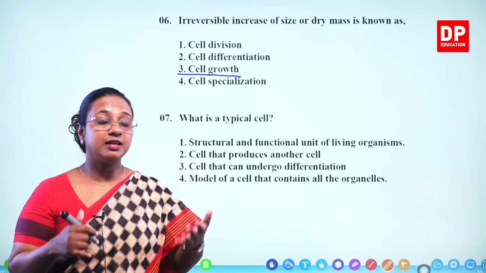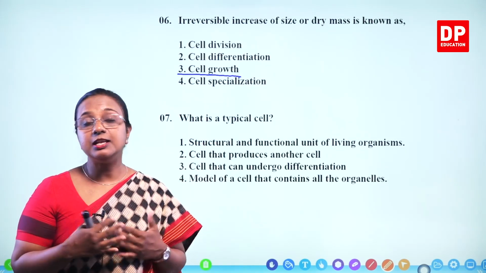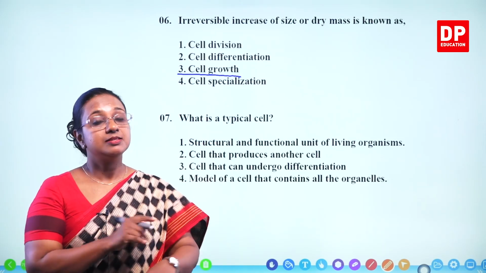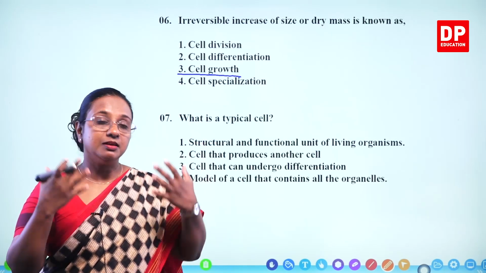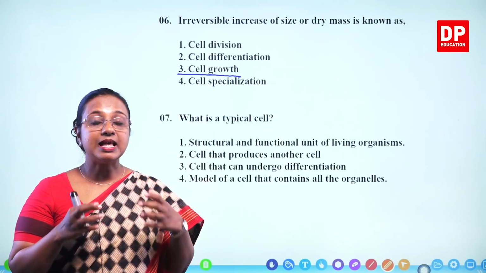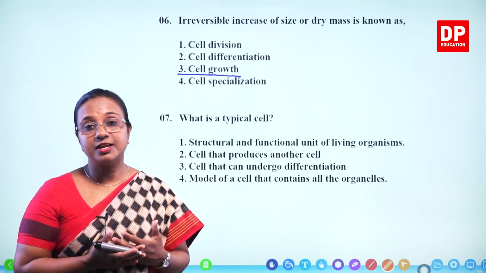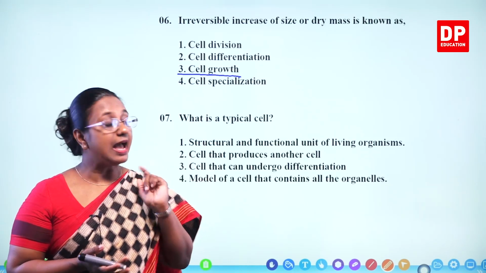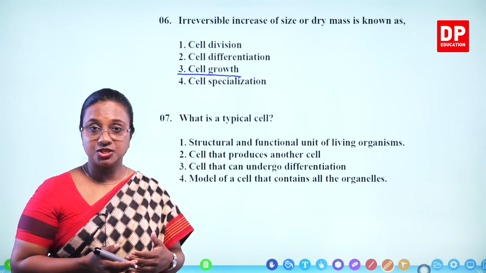But from that, if we take the structure of our body, we have so many different types of cells. Cells of the skin, cells in the hair, the teeth, the different systems. So in all these, the cells become different because of their different functions. And that process is known as cell differentiation.